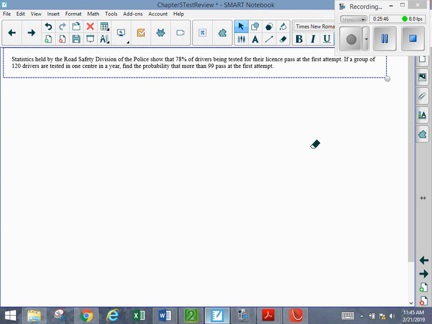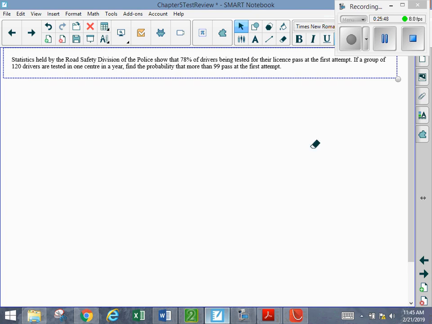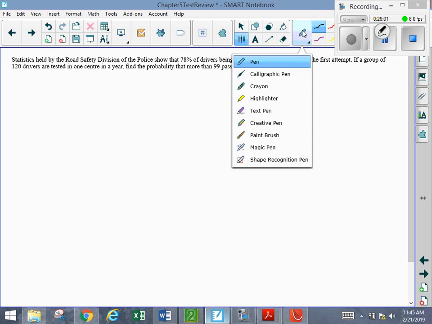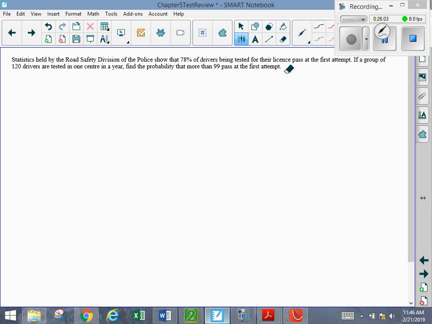So the next type of problem you're going to encounter is going to be using your normal distribution to approximate a binomial setting. All right? So this is indeed a binomial setting. The first thing you're going to be asked is, hey, does this work?